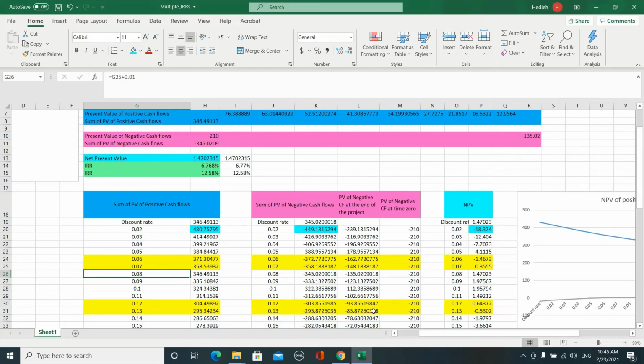And all of this is because you have a fixed part in your negative cash flow, a part that never gets discounted. So take a look.